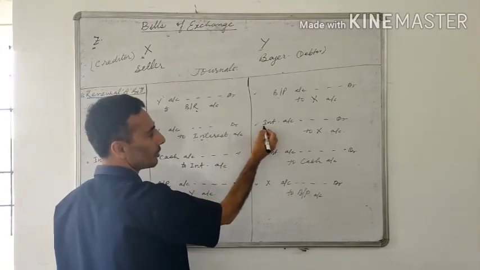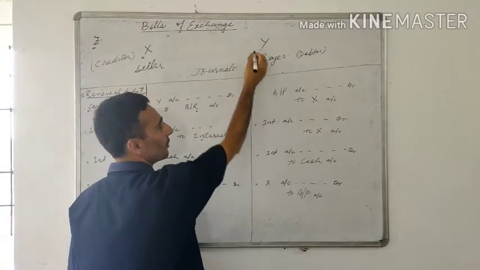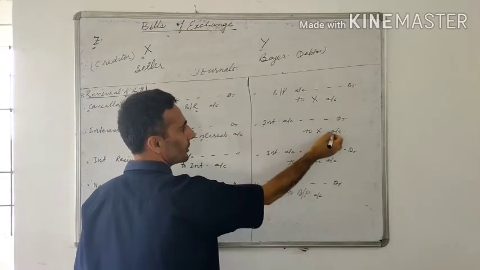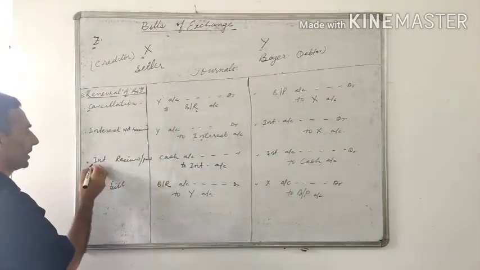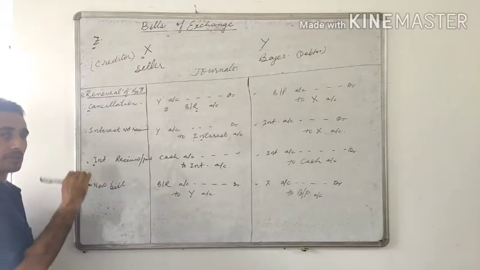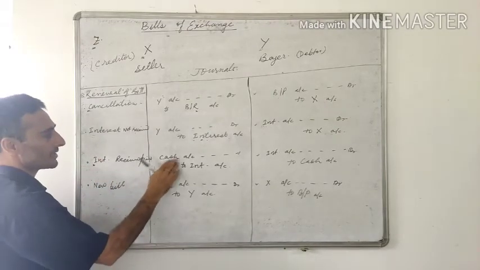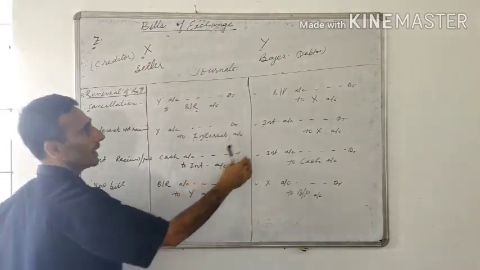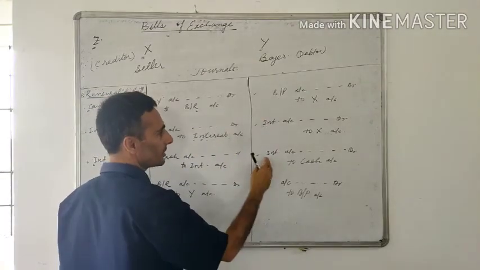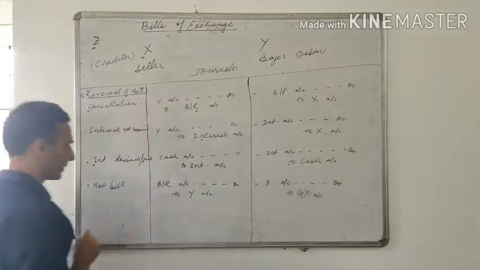And here interest account is debited because it is an expense for Y, so it is interest account debit to X account. Now interest received. If it is received in cash, the entry is cash account debit to interest account, and in this case Y pays, so interest account debit to cash account.